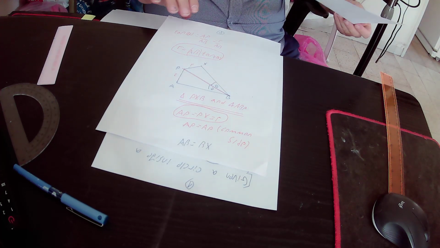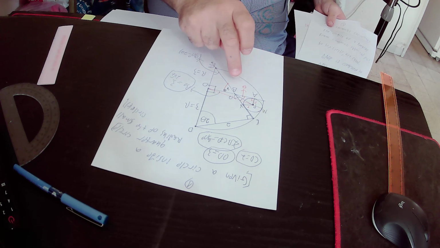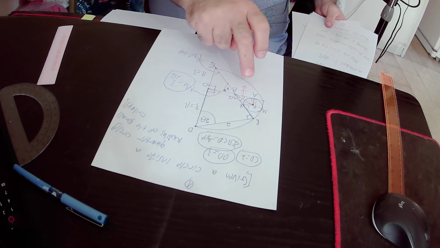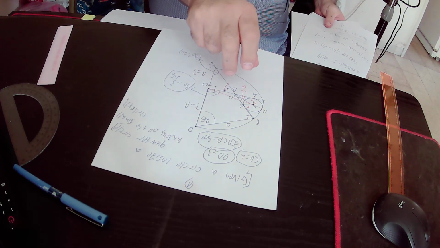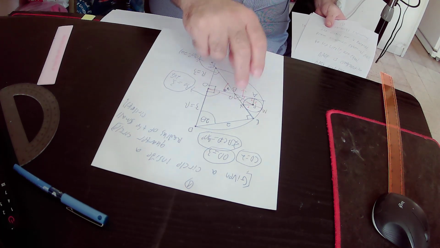Okay, if from an external point of a circle you draw two tangents to the circle, then the lengths of those two tangents are equal to each other. That is to say, AB equals BX.